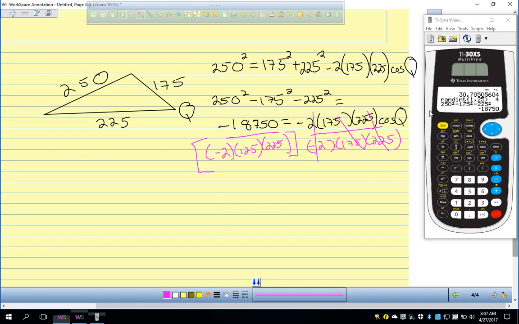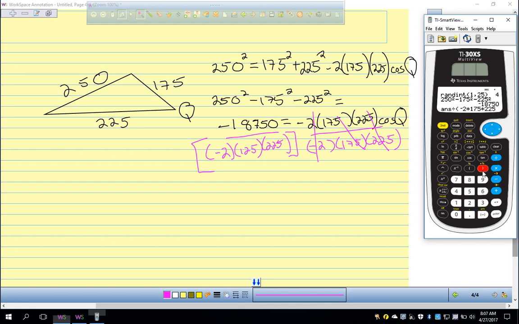So when I put this into my calculator, I'm going to take this number, I'm going to go divided by, in parentheses, negative 2 times 175 times 225.